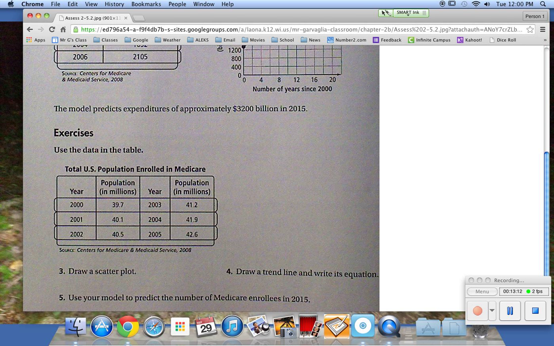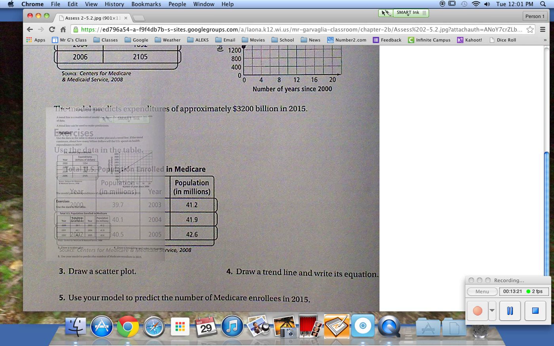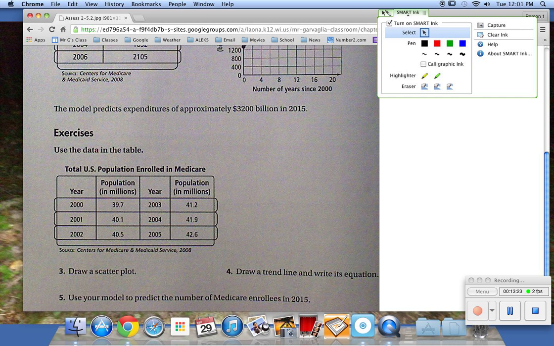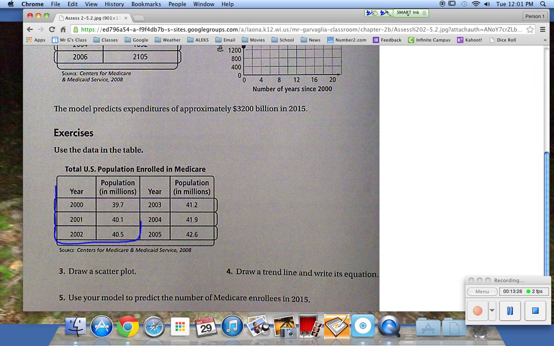So, one of them would be, what do they got? Oh, I see what they did here. They got it broken up two different places. So this is here, and then this is here. And if you take a look, it goes from 2000, 2001, 2002, then over here 2003, 2004, 2005.